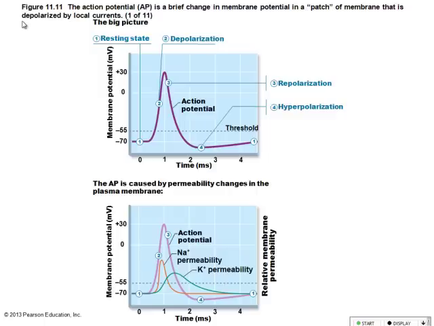Once I cause enough of a change chemically to reach threshold, guess which channels are going to kick in and cause the rest of the change to happen? Remember, I had two different channels. I had a chemically gated channel and I had a voltage gated channel. Guess who's going to fire off once I reach the right voltage? The voltage gated channels. Guess where the voltage gated channels live?